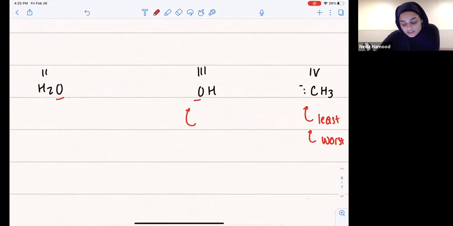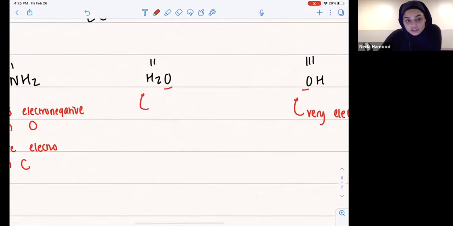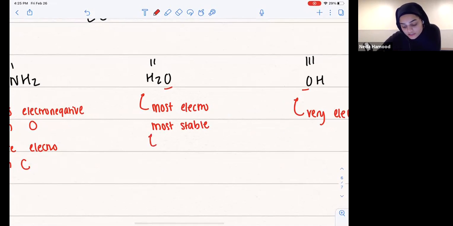OH is very electronegative compared to the other ones, but H2O over here is the most electronegative. It's the most stable on its own, and therefore it is going to be the best leaving group.